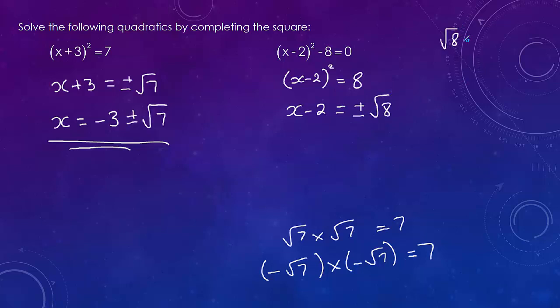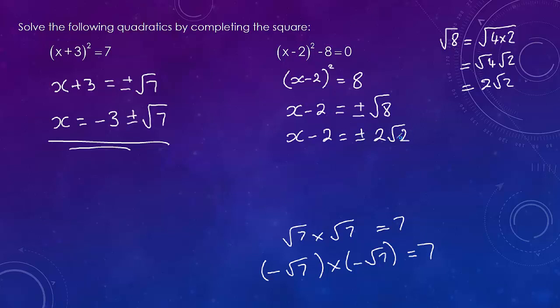Now remember that root 8 is root of 4 times 2, so that's root 4 root 2, giving us 2 root 2. So x minus 2 is going to be plus or minus 2 root 2, and you should simplify the surd if you can, and then the exact solution would be 2 plus or minus 2 root 2. Just add the 2 to both sides.